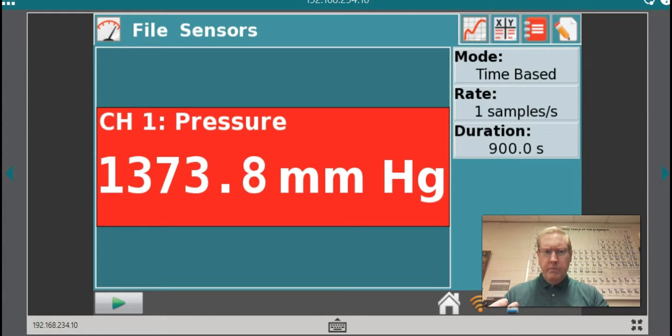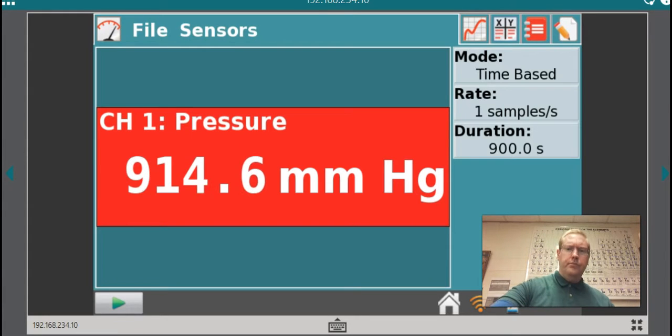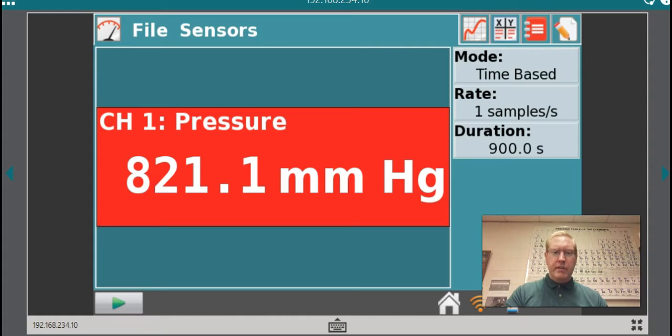And it's reading right about 1,300 and kind of hard to hold steady sometimes. We'll call it 1,370. We don't have to be totally precise, especially with that number after the decimal point. That's not going to be a precise figure.